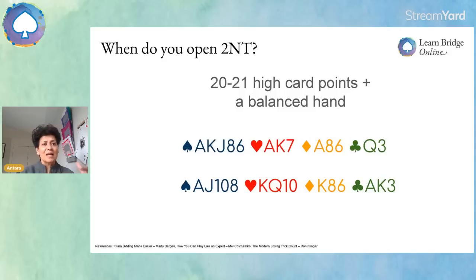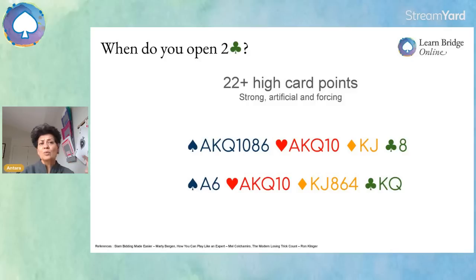Let's stop and evaluate and think about when we open hands 2 clubs. What we've learned is a really strong hand, which is 22 plus high card points, is opened 2 clubs. This is a strong, artificial, and forcing bid. It's artificial because we're not talking about clubs at all. All we're telling our partner and opponents is that we've got a strong hand with 22 plus points, most likely.